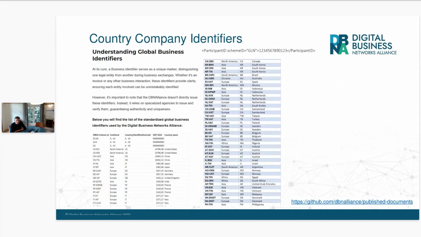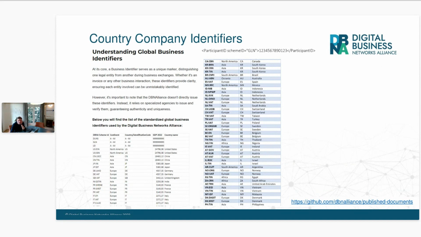Next slide. So, the country company identifiers. Here you see the list. It's a bit small, but it's all about the participant ID, the identifier that the companies are signed up with.